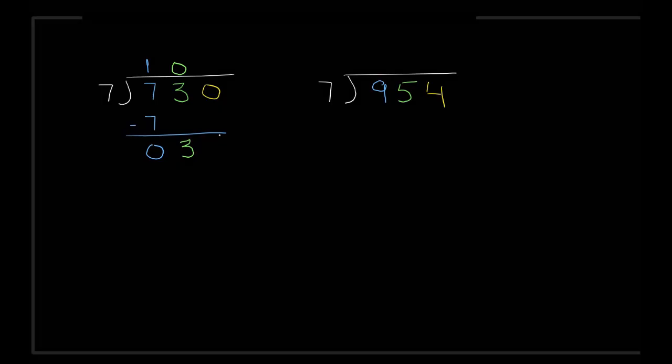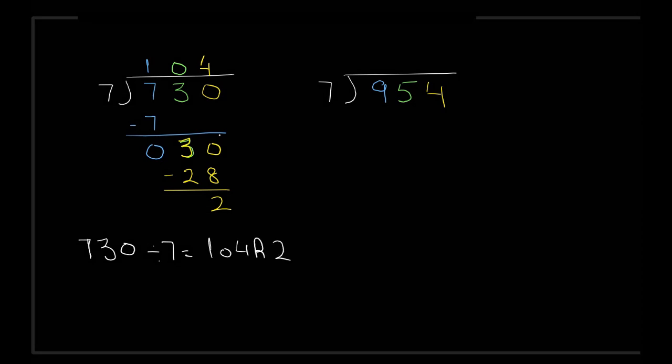And now we're going to reinterpret the 3 tens as 30 ones, and we have 31 ones. And certainly we can give with it 31 ones because 4 sevens are 28, and we are left with 2 ones. So the answer would be 730 divided by 7 is equal to 104 remainder 2.